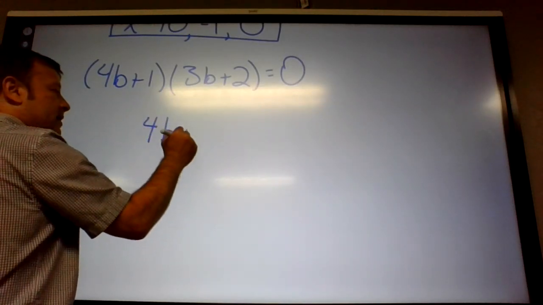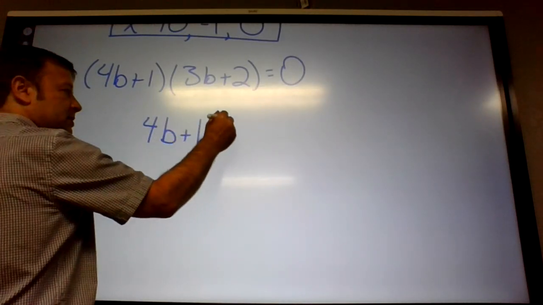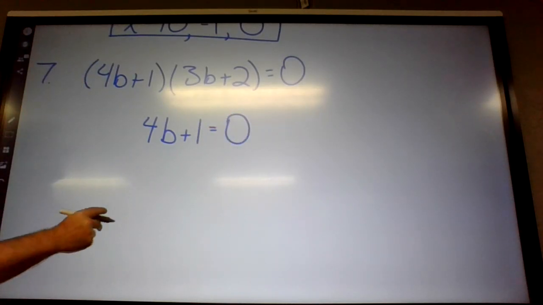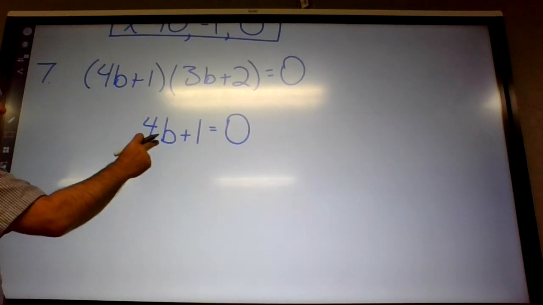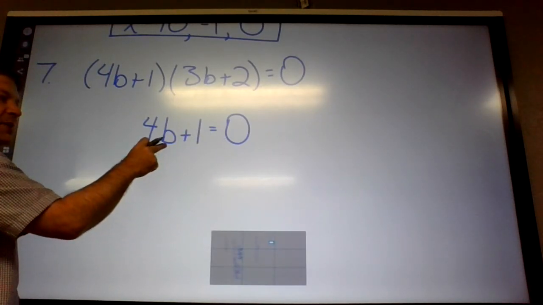Okay, so basically what I want to happen is I want 4b plus 1, all of that, to equal 0. So, 4 times something plus 1, we want that to equal 0. So how can I figure out what this something needs to be?